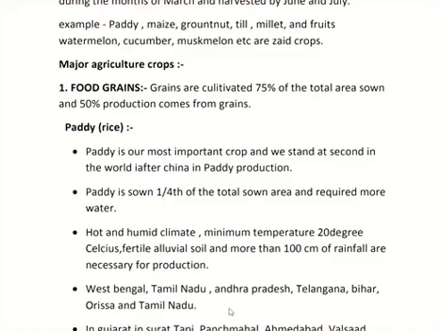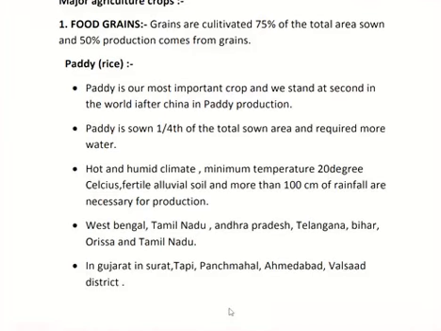West Bengal, Tamil Nadu, Andhra Pradesh, Telangana, Bihar, and Odisha are the major areas where you will find paddy cultivation. In Gujarat, Surat, Tapi, Panchmahal, Ahmedabad, and Valsad districts are the areas where you will find paddy cultivation.